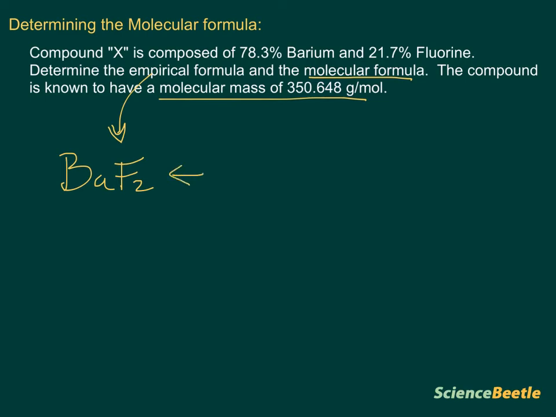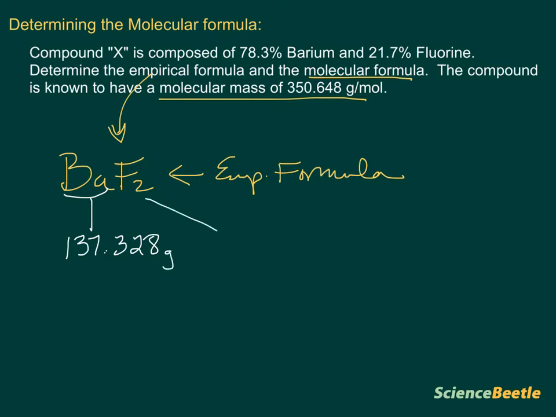This here is the empirical formula, and what we need to do is find the mass of each of these things. The mass of barium is 137.328 grams, and fluorine, there are two of them, and the mass for fluorine is 18.998.